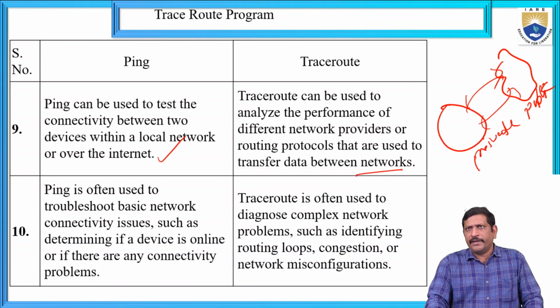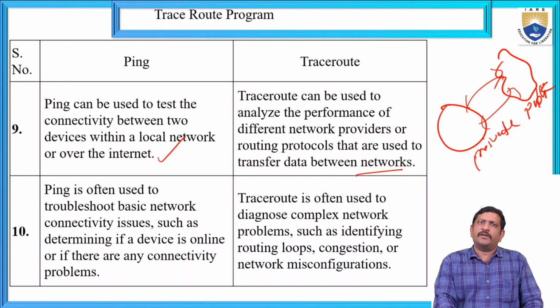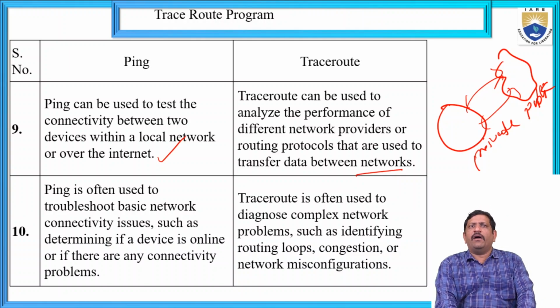That means data transfer performance and network routing protocol performance can be identified with the help of the traceroute command. Ping is used to troubleshoot basic network connectivity issues, that is, whether a device is online or not, whether the device is connected or not.